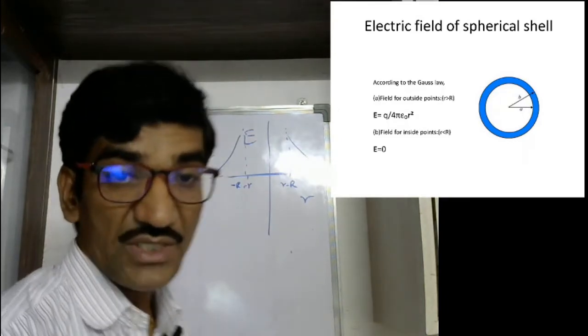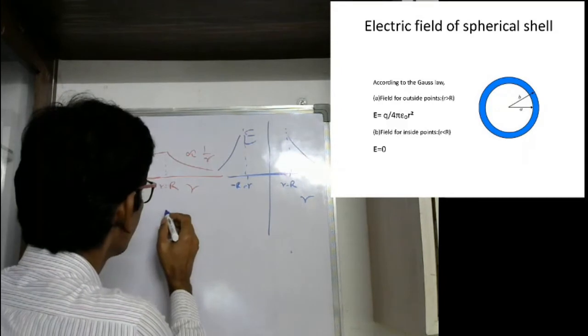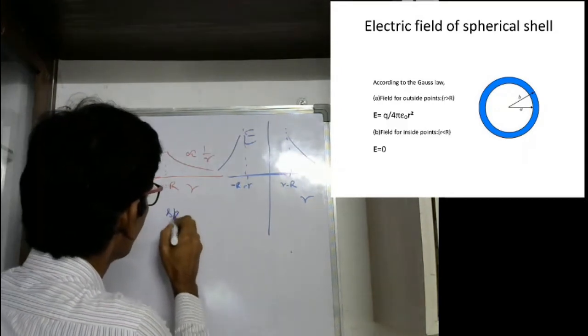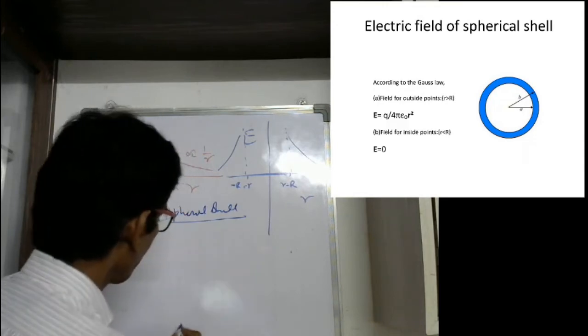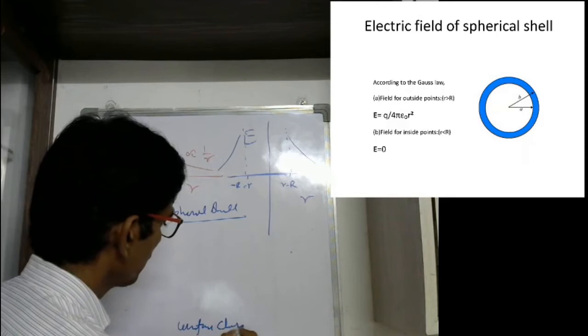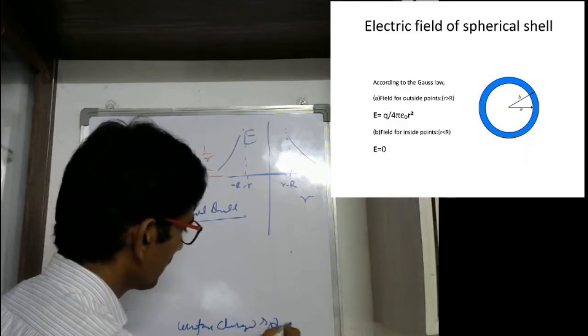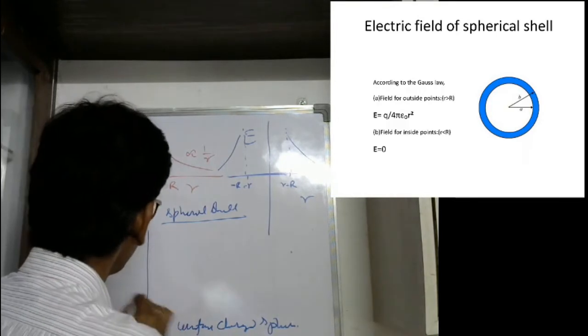Okay. What about in case of a uniformly charged sphere? This is for the spherical shell. If you take the uniformly charged sphere, what happens?